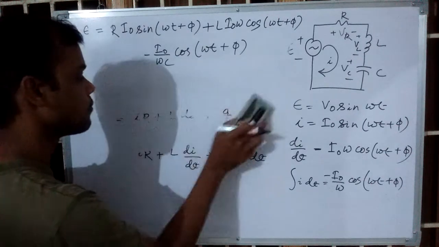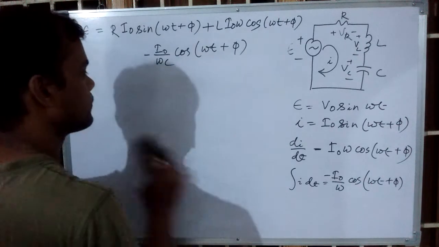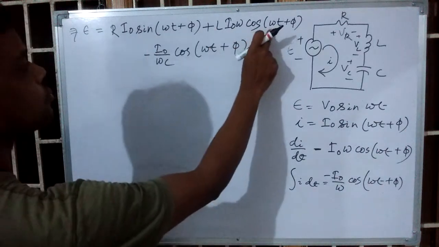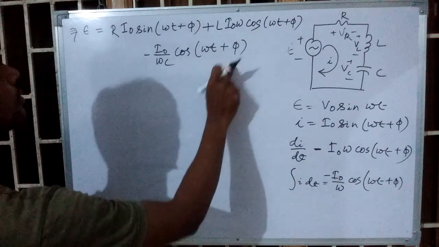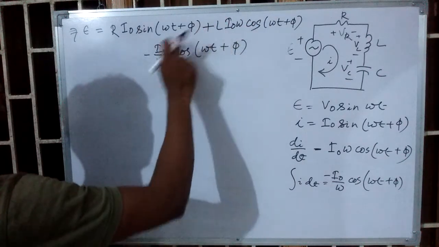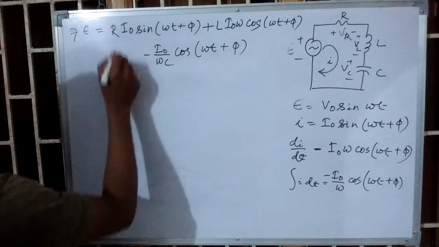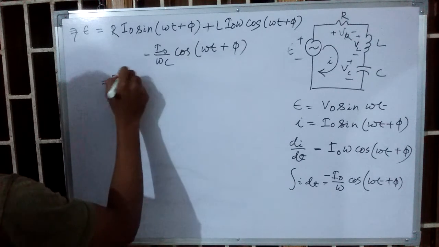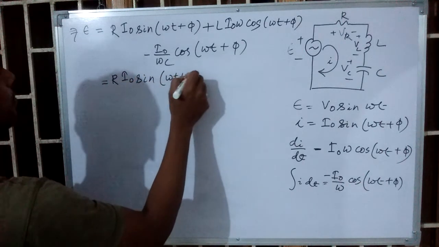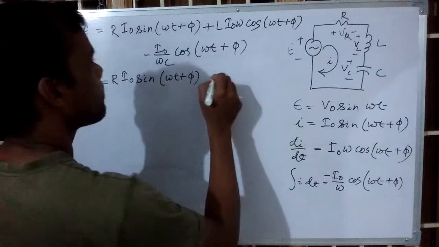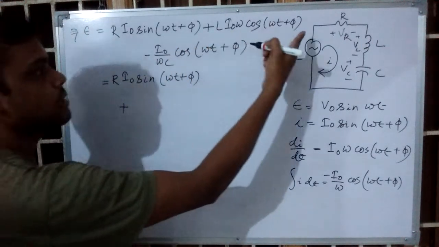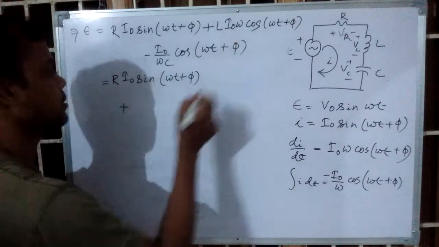So from here onwards, how to proceed? Here sin(omega t plus phi), here cos(omega t plus phi), here also cos(omega t plus phi). That means these two terms are the same, only the coefficients are different. So next step, just write R I naught sin(omega t plus phi), then plus, take cos(omega t plus phi) and I naught also common.